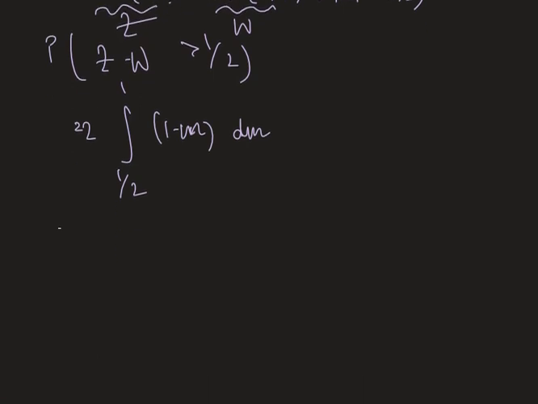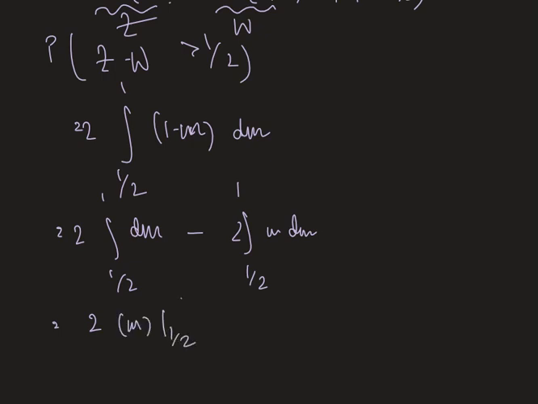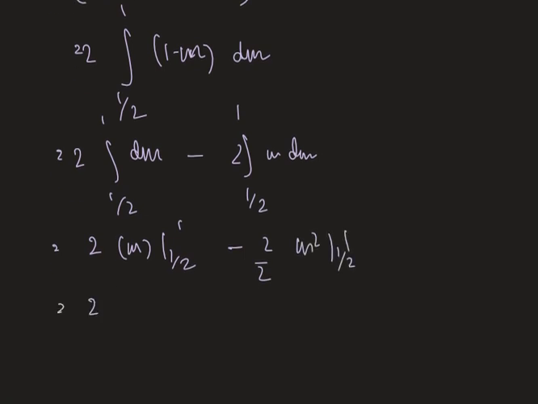Okay, so we get 2 integration half to 1 dm minus 2 integration half to 1 m dm, and this is nothing but 2 into m from half to 1 minus 2 by 2 m square from half to 1. Therefore we get 2 into (1 minus half) minus (1 minus 1/4). So this is nothing but 2 into half minus 3/4.